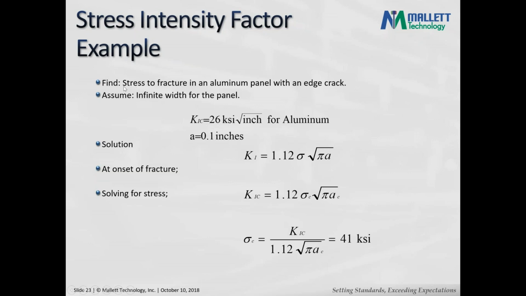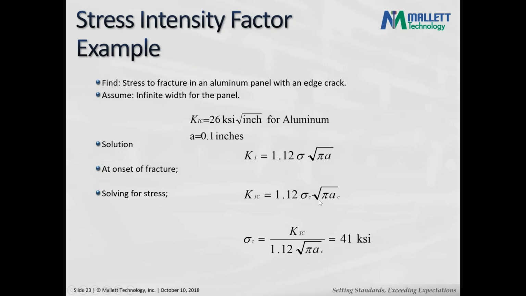And what are we being asked as an engineer? Our customer is saying, find the stress to fracture an aluminum panel with an edge crack. So in this formula, I know the a value, which is the crack length, and I know the critical stress intensity factor. At the onset of fracture, when there's going to be imminent fracture, I can take this formula and start putting in the critical values for everything.